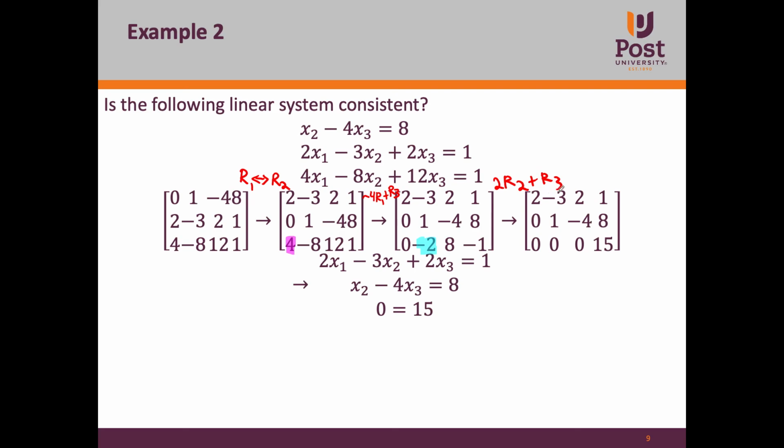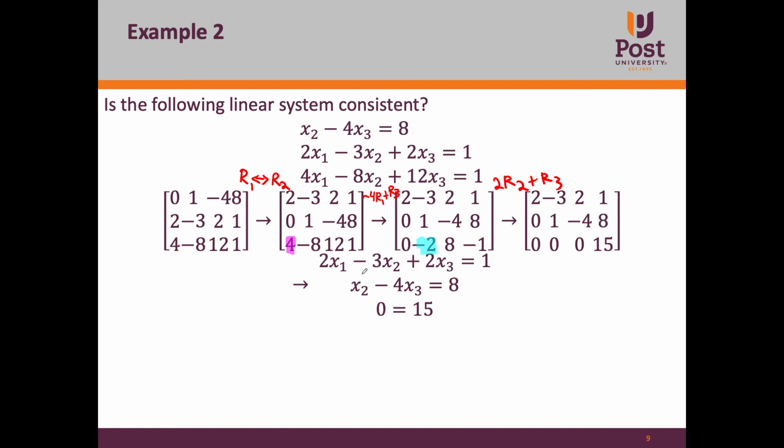So 2, negative 3, 2, 1 for the first row, that stays the same. 0, 1, negative 4, 8 for the second row, also stays the same. But now when we multiply the second row by 2, add it to the third row, we get 0, 0, 0, 15. And we can rewrite this out.